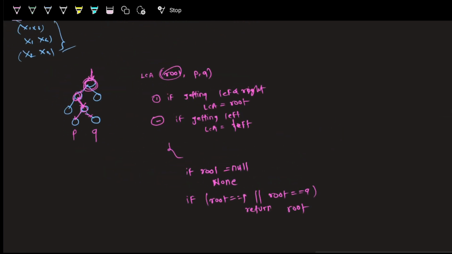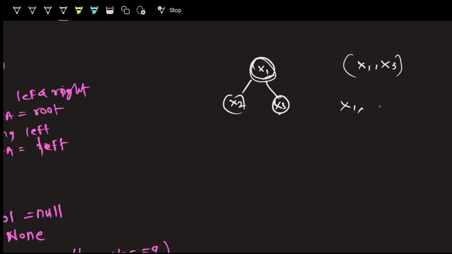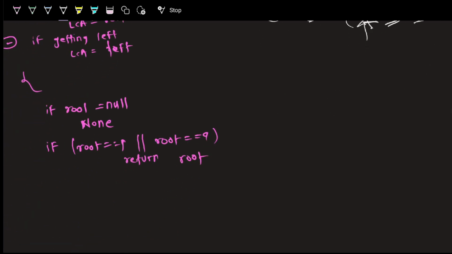Why I am saying this is, for example, there is a given tree x1, x2, x3, and you have to find the lowest common ancestor for x1, x3. What is the lowest common ancestor? x1 only, right? That's why root will be x1, P will be x1, Q will be x3. So if my root is equal to P or equal to Q, I just have to return the root. So that is the case over here.